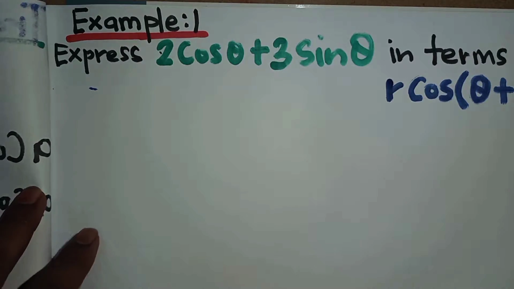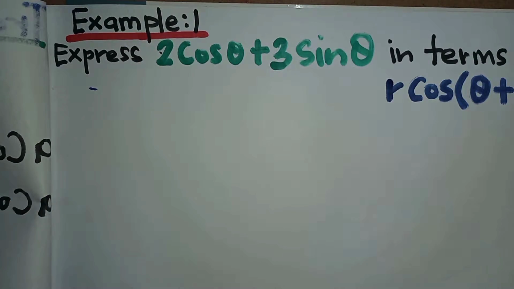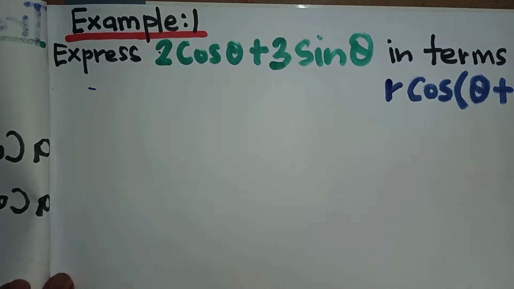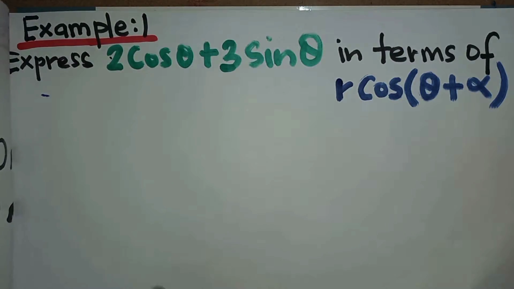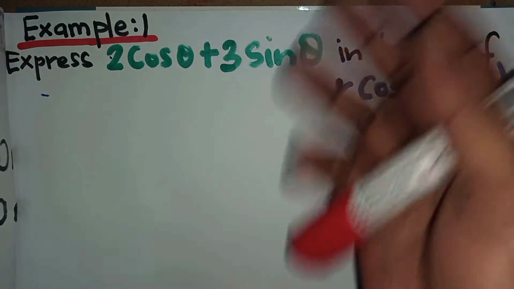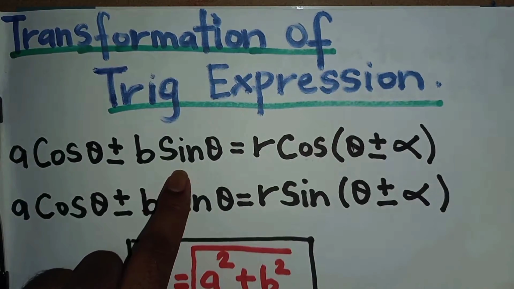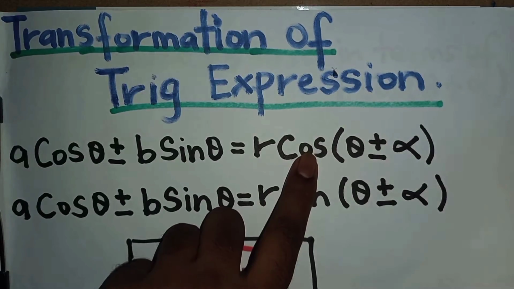Example 1, we have to express 2 cos theta plus 3 sine theta in terms of r cos theta plus alpha. So the condition here is fitting this one. We are dealing with cos, right?